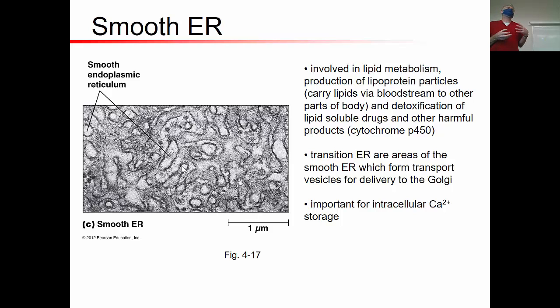And one of the first steps when you're trying to get rid of a drug, one of the first things we do is we increase its polarity. And so we do this through a process called oxidation. And that's carried out by a group of enzymes called the P450 enzymes. Or that's one of the ways it can be done. And that's associated with our smooth endoplasmic reticulum.